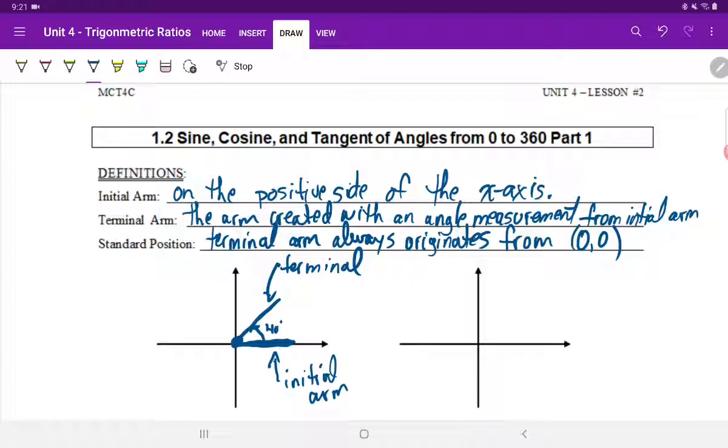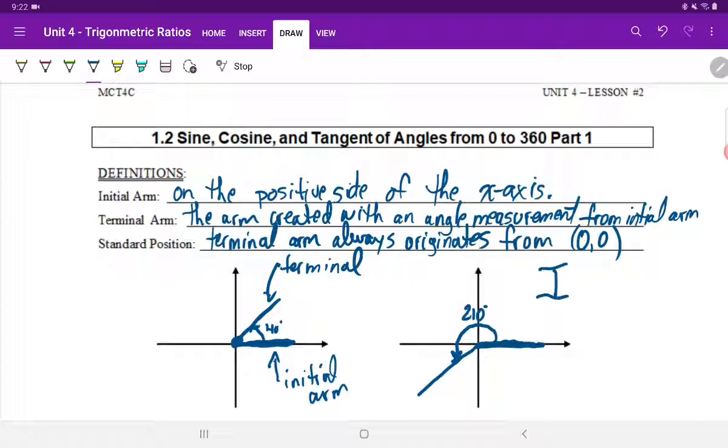Okay, let's draw another example of that. So let's say that instead of having something in the first quadrant, we have something in the third quadrant. So let's say we have 210 degrees, for example. You'd start on the initial arm on the positive x-axis, rotate around to 210 degrees, which would end up taking us to the third quadrant, right?